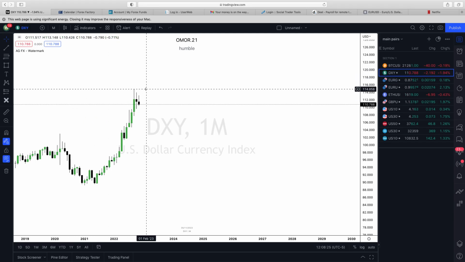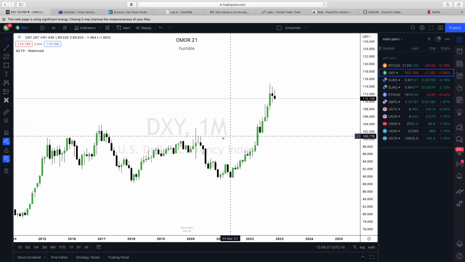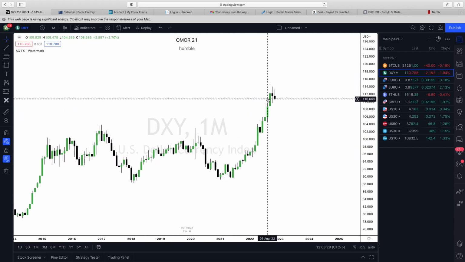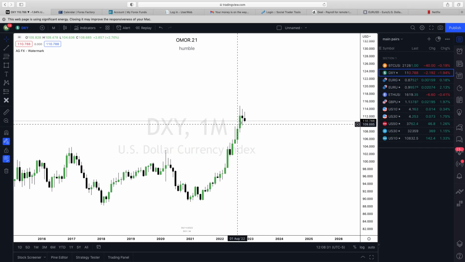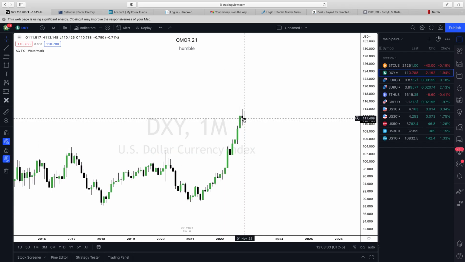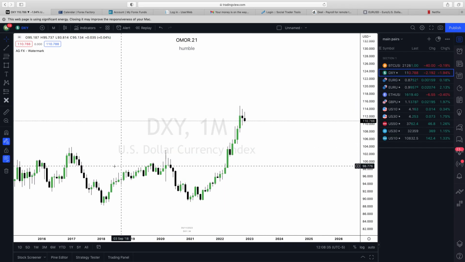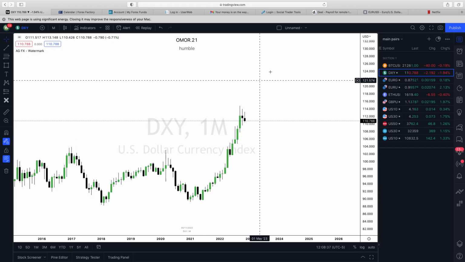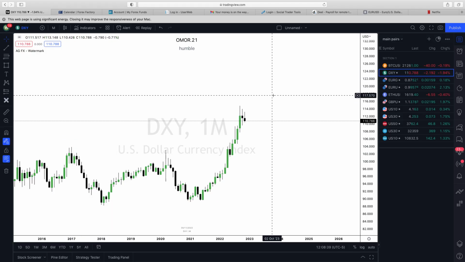For the top on the DXY, I want to see the same thing like this on the monthly chart. I want to see a candle going up and then the 3 bar pattern: sweep and the displacement away lower. That 3 bar swing high that I'm looking for on the monthly chart of the DXY has to be in line with a specific macro.